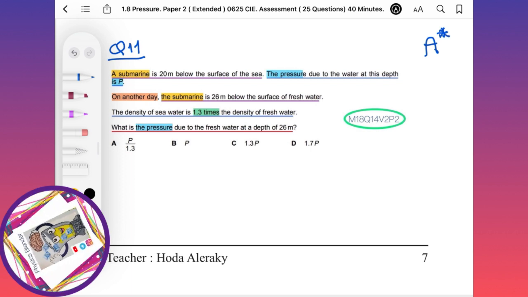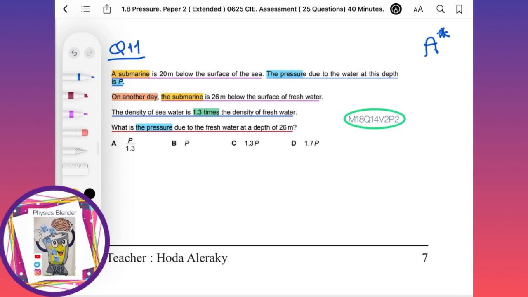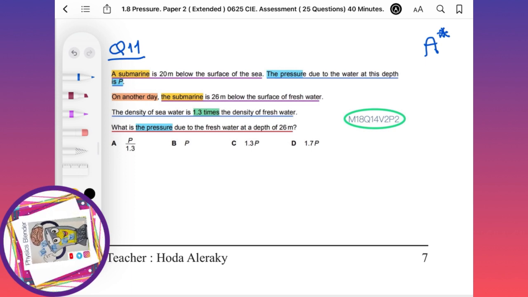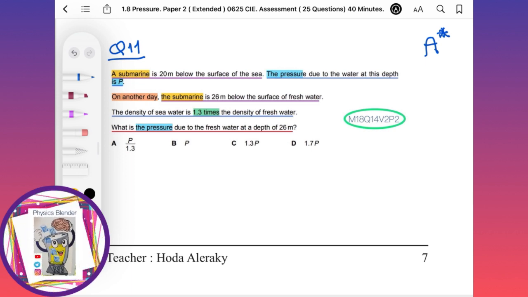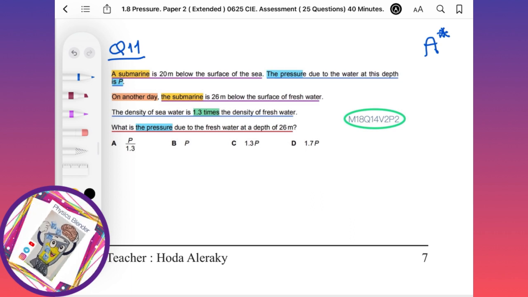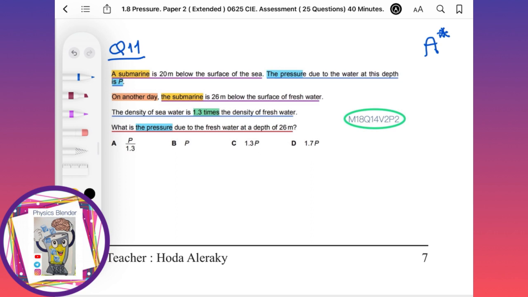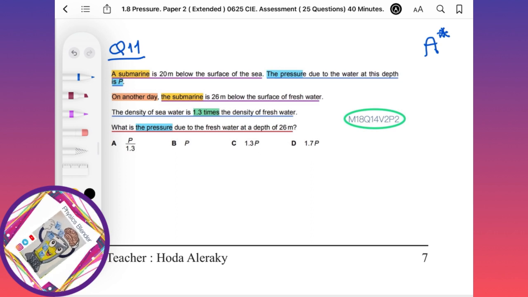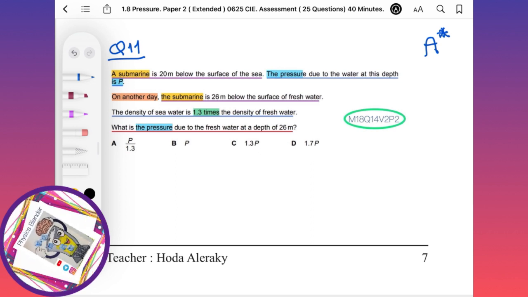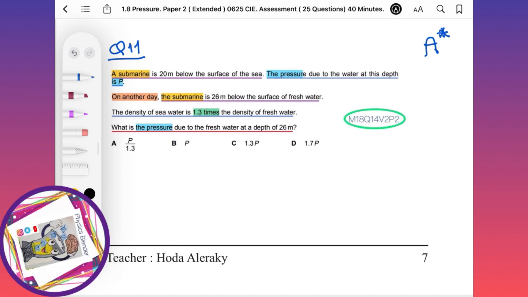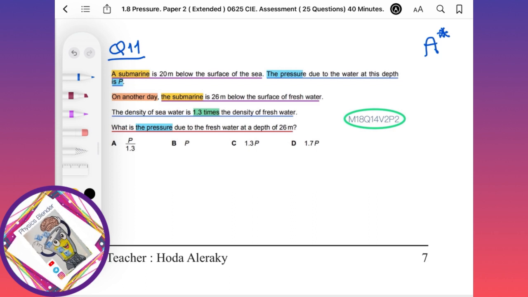A submarine is 20 meters below the surface of the sea and the pressure due to the water at this depth is P. On another day, the submarine is 26 meters below the surface of fresh water. The density of seawater is 1.3 times the density of fresh water.